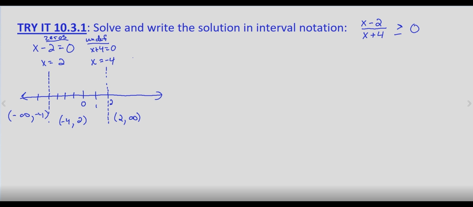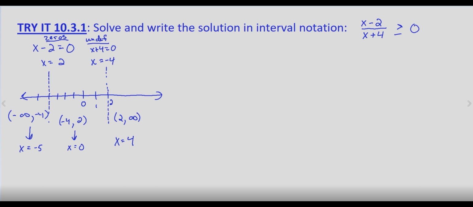We want to test a value in each interval to determine: is it greater than 0, equal to 0, or less than 0? We can choose any point we want. In the first interval, let's pick x equals negative 5. In negative 4 to 2, we'll pick x equals 0. And in 2 to infinity, we'll pick x equals 4.